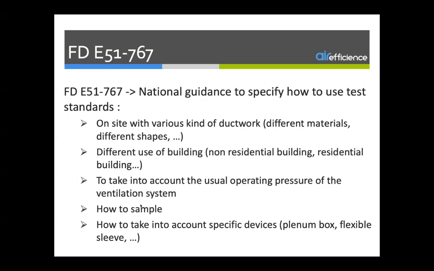In fact, the usual operating pressure is not the same if it's in a non-residential building or in a residential building. And the FDE 51767 explain how to sample and how to take into account specific devices like plenum box, flexible sleeve.